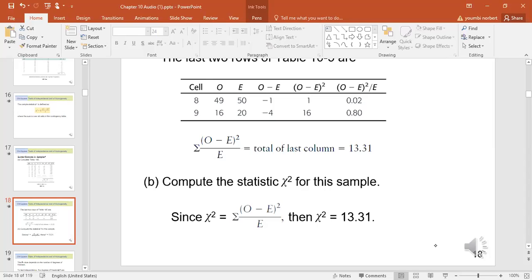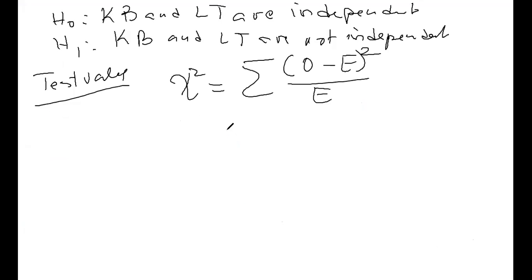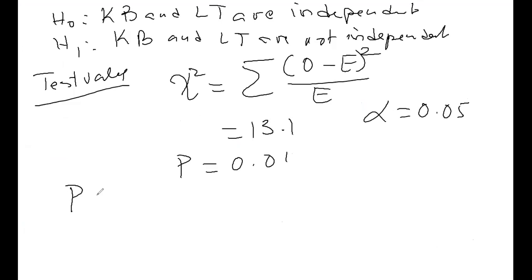So here, if alpha was 0.05, what can we say? Is p less than or greater than alpha? So we will have this chi-square is equal to 13.1. The p-value is, let's just say, 0.01. And if alpha equals 0.05, p is less than alpha, so reject H0.